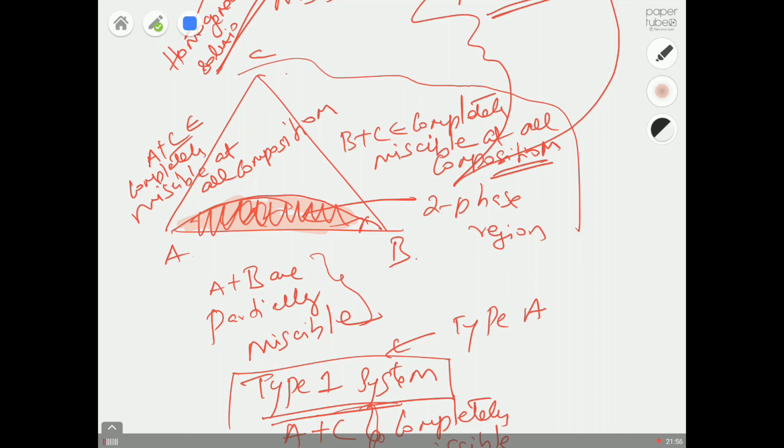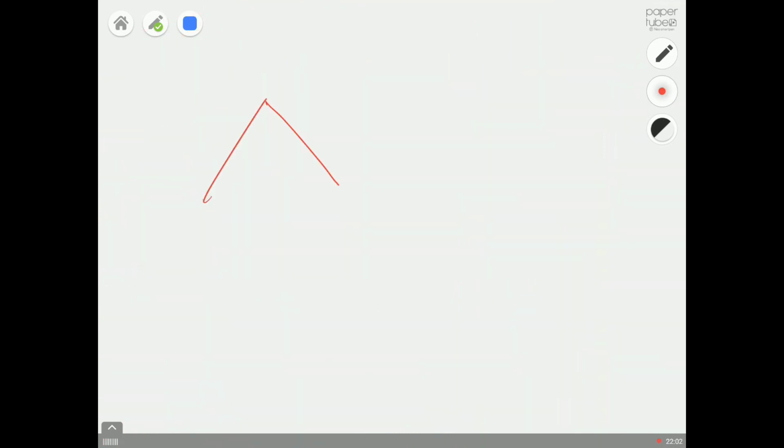So these are a few things that you should understand. In case in the exam, if I give you a ternary diagram like this one, CAB, and ask you which two components are completely miscible, and which two components are partially miscible, then you should tell me.